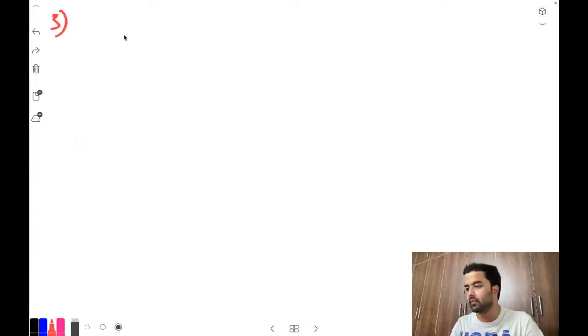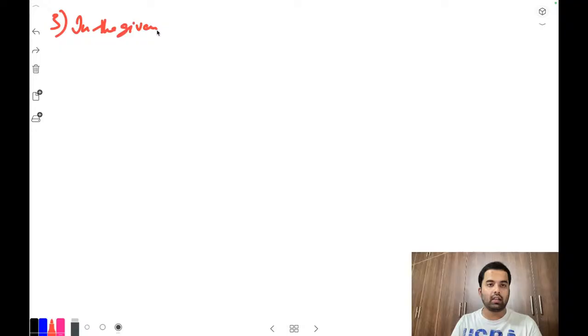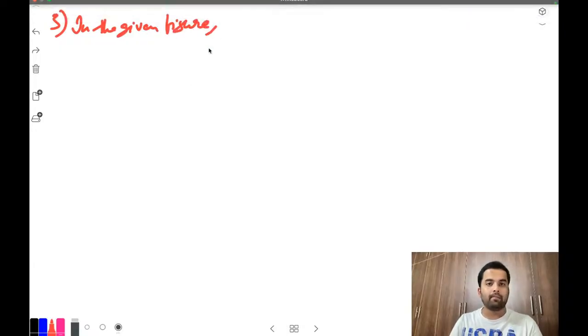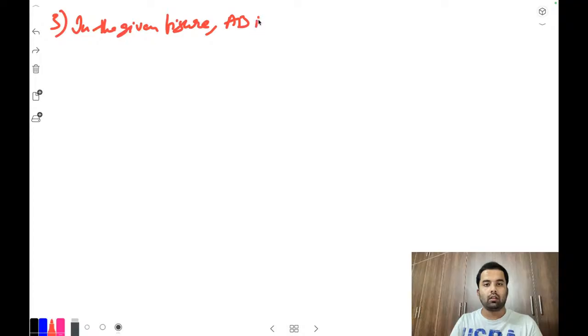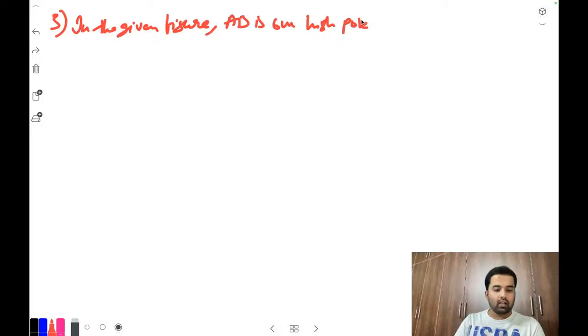Question number 3 here. Okay, in this question you have a diagram provided. So let me mention the question first. Okay, the question is, in the given figure, AB is a 6-meter high pole. No need to draw the diagram because in this one the diagram is provided.